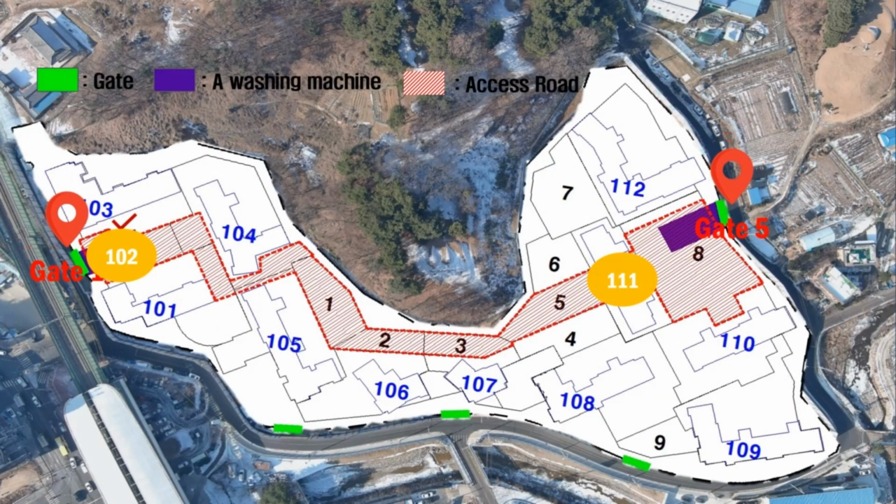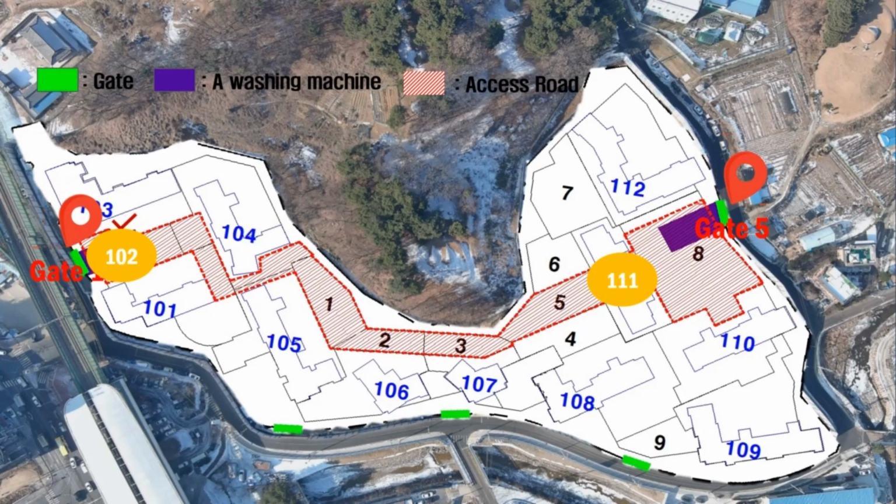Then, one problem arises here. Since Gate 1 and Gate 5 are being used as passageways, the construction of apartments 102 and 111 is naturally delayed.